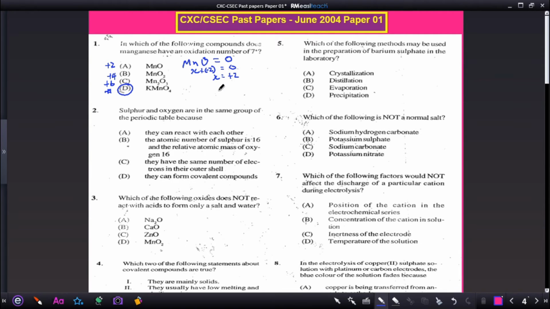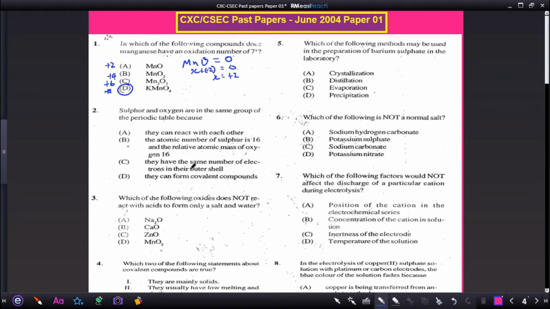Number 2. Sulfur and oxygen are in the same group of the periodic table because: A, they can react with each other; B, the atomic number of sulfur is 16 and the relative atomic mass of oxygen is 16; C, they have the same number of electrons in their outer shell; and D, they can form covalent compounds.